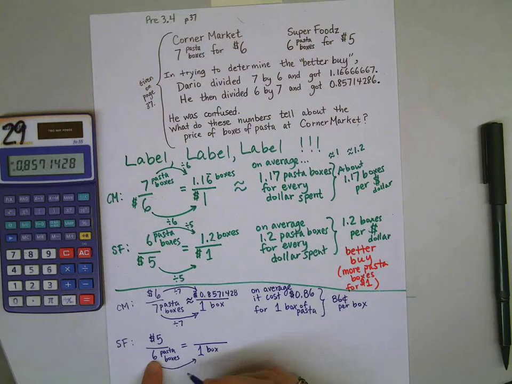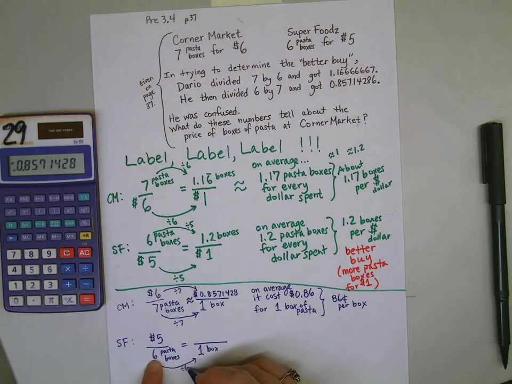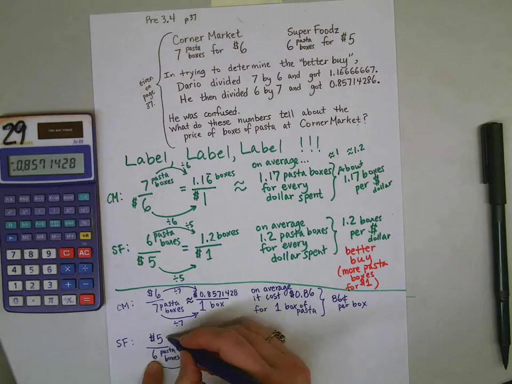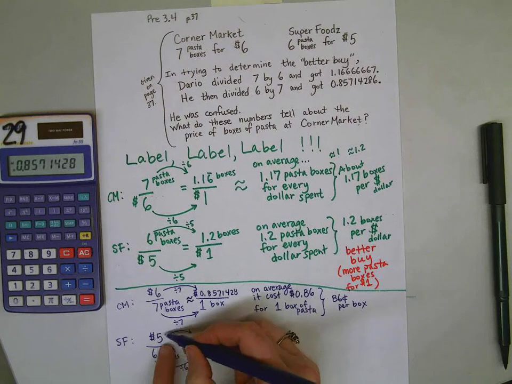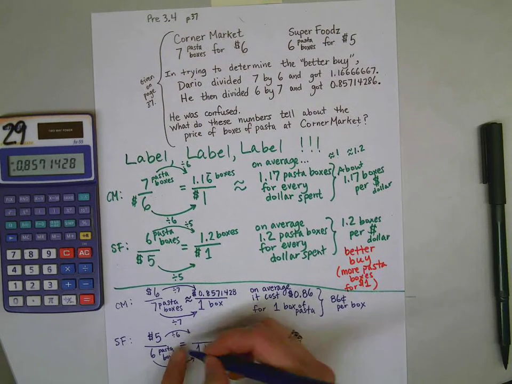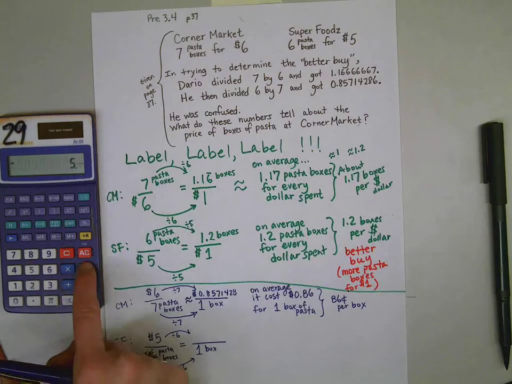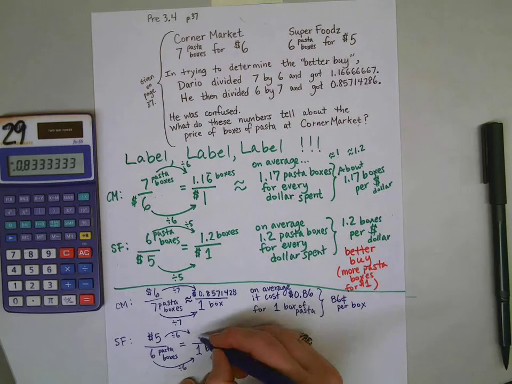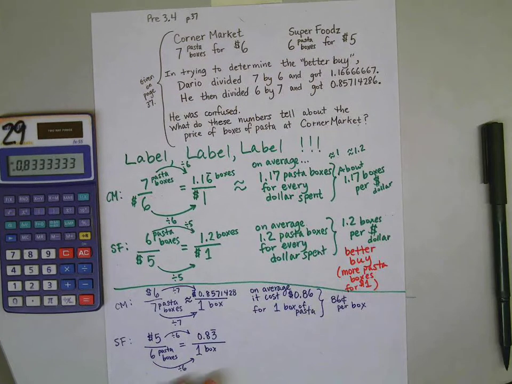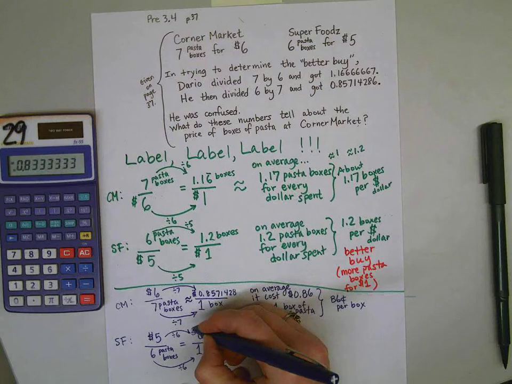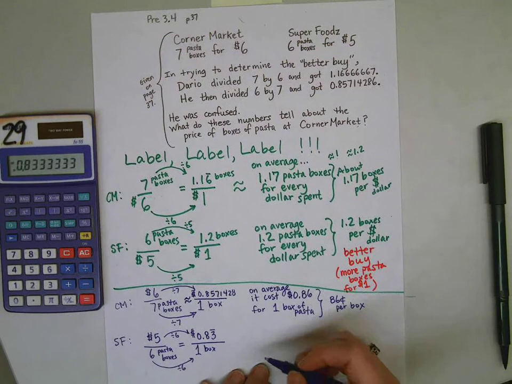And again, it's always dividing by that same value. So 6 divided by 6 to get the 1. And if we divide the bottom part of the ratio by 6, we have to divide the top part of the ratio by 6 also. 5 divided by 6 is 0.83 repeating. And that is, again, the cost in dollars.